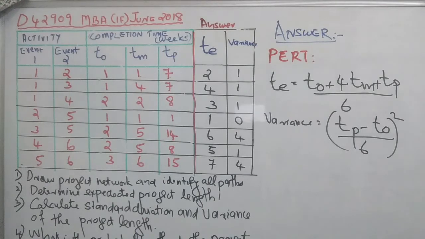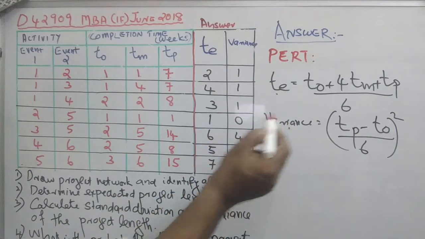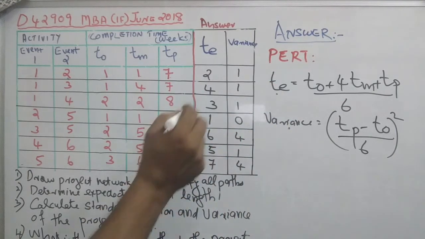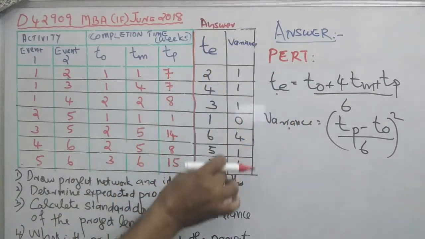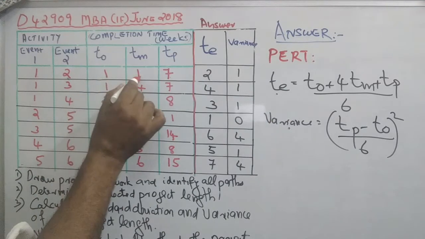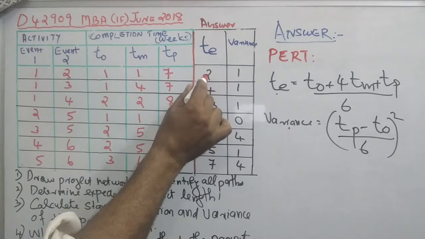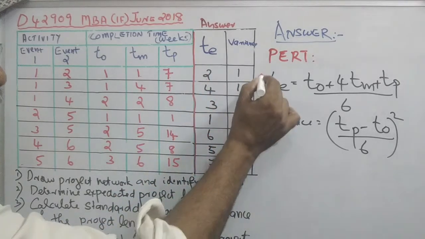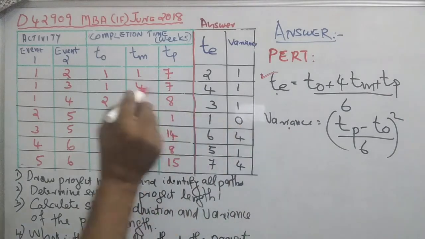We are moving to answering the problem. First step, calculate the expected time and variance for each activity. Using this formula, we calculate the expected time, that is 1 plus 4 plus 7, 12 by 6, 2, etc. We calculate using this formula for each activity the expected time and variance.